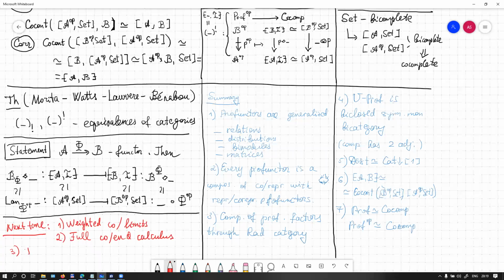And third, tensor hom cotensor situation. So tensor hom cotensor situations are similar to what we had today. Examples are V tensored plus V cotensored categories. This is all for today that I had for you.